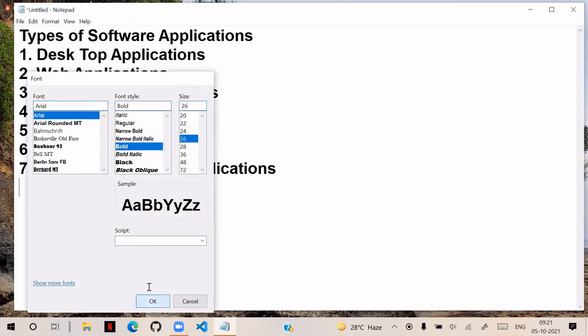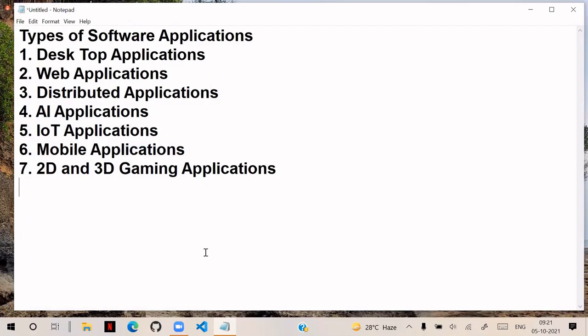These are the different types of applications we have. What are those? I will explain. We will discuss them. So software applications are classified into various categories. As a software developer, your career will be in any of these seven. You may work on desktop applications, web applications, distributed, artificial intelligence, IoT, mobile, 2D and 3D gaming.